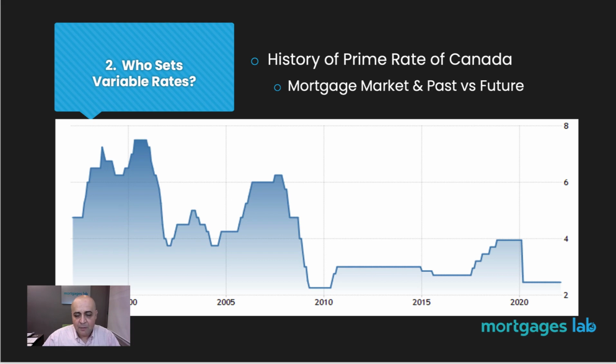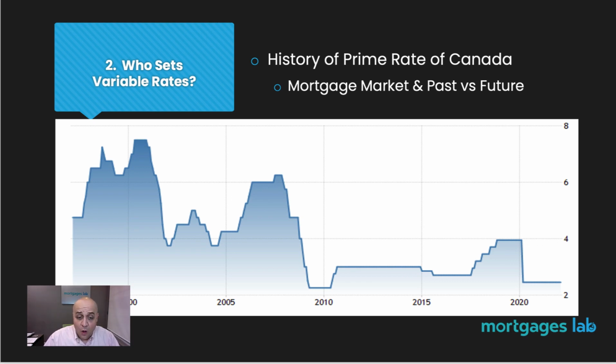In my humble opinion, and again, full disclosure, I'm not an economist. I love to study and read books about economy and monetary and fiscal policy, and I read a lot of blogs and information about the economy in Canada and the world, but I'm not an economist. But in my opinion, the world has changed very much since the 80s in Canada.